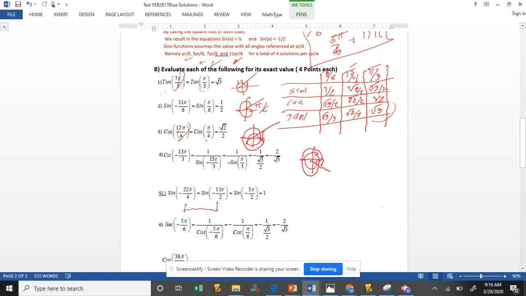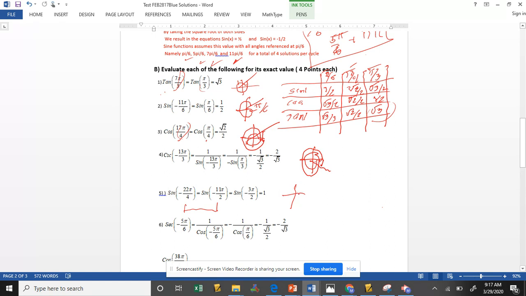Negative 22 pi over 4 needs to reduce. If it can reduce, you've got to reduce, because it's not going to tell you necessarily that reference angle. So it's negative 11 pi over 2, which is negative 5 pi over 2.